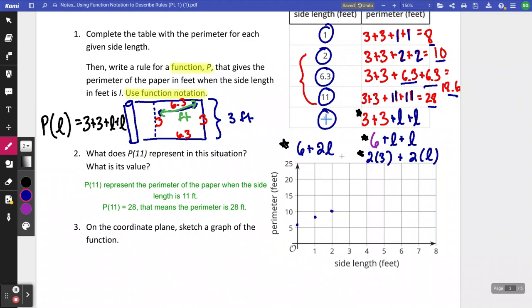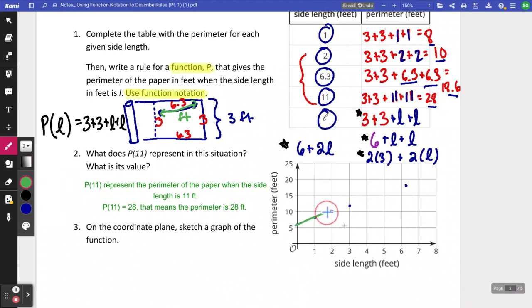And then 6.3 was at 18.6. That's not the easiest thing to graph, but you could definitely find some other easier points to plot. So for example, 3 I know is at 12.